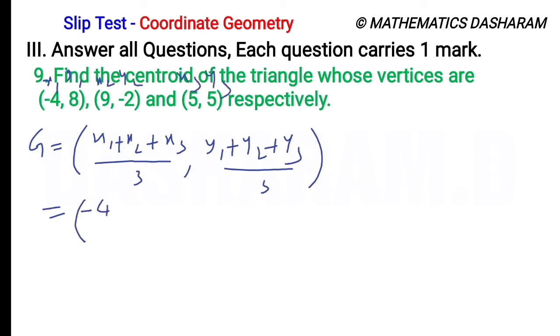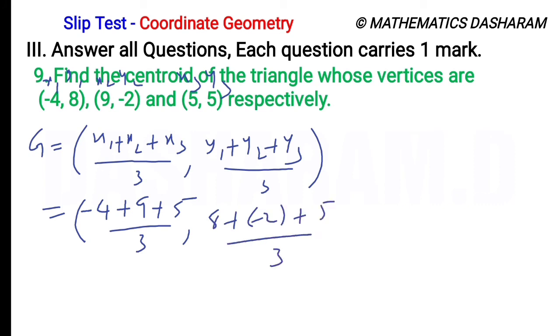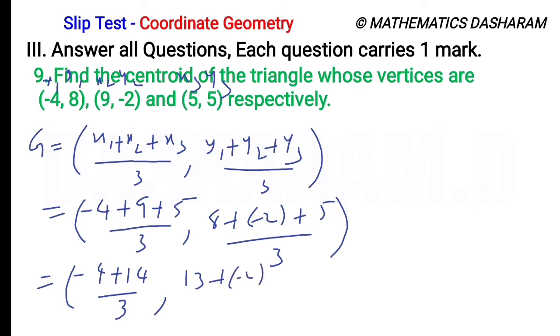So x1 is minus 4, x2 is 9, x3 is 5 by 3, y1 is 8, y2 is minus 2, y3 is 5 by 3. So it is equals to minus 4, 9 plus 5 is 14 by 3, 8 plus 5 is 13 plus minus 2 by 3. So minus 4 plus 14 is 10 by 3 and 13 plus minus 2 is 11 by 3. So the centroid is 10 by 3 comma 11 by 3.